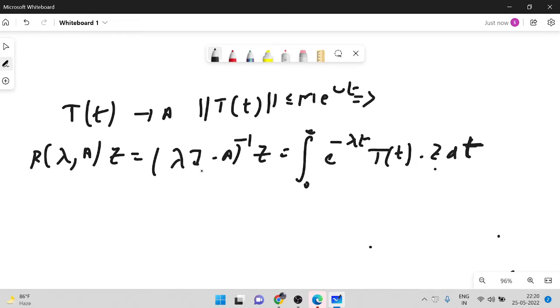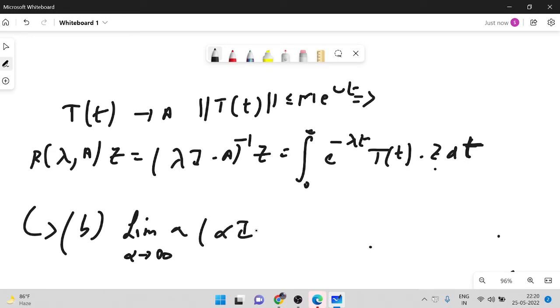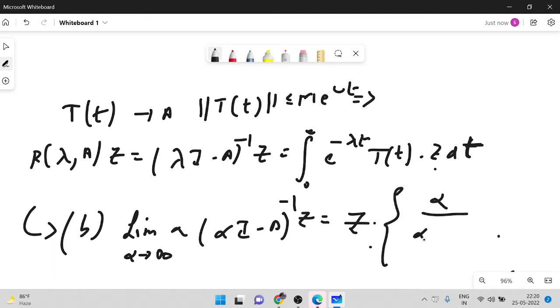So this is an identity that I am stating directly without proof. Another identity is that the limit as alpha tends to infinity of alpha times (alpha I minus A) inverse z equals z. To understand this limit, you have alpha I minus A, although you don't write an operator this way.